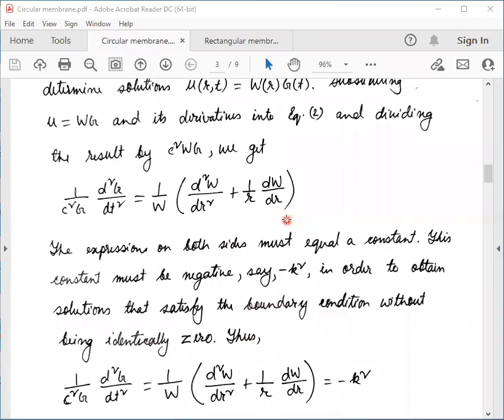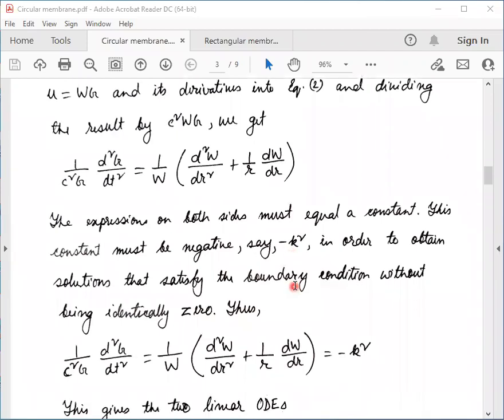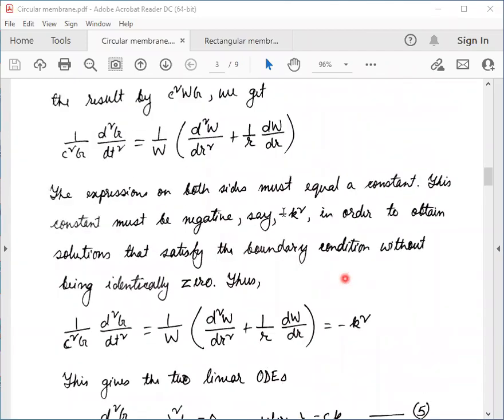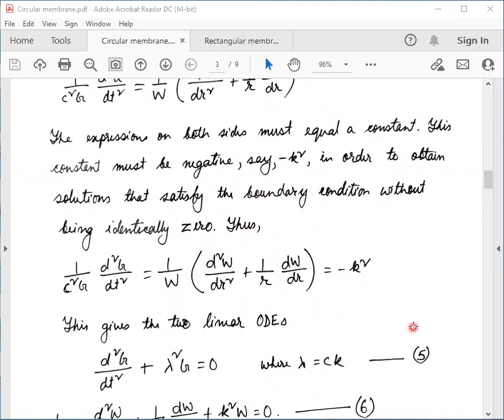As we have shown earlier, we can also show here that when the constant is 0, the solution is identically 0, and also when the constant is positive, the solution is identically 0. So the only possibility is that the constant must be negative, and it is given by minus k square.